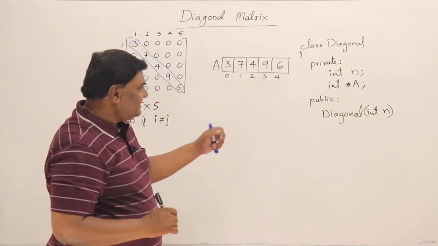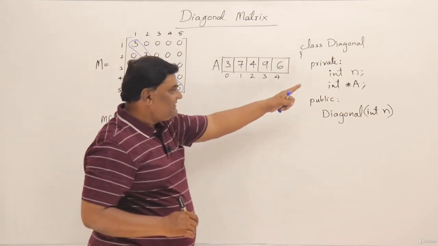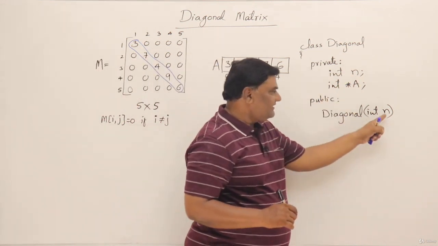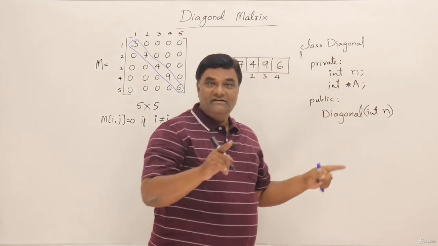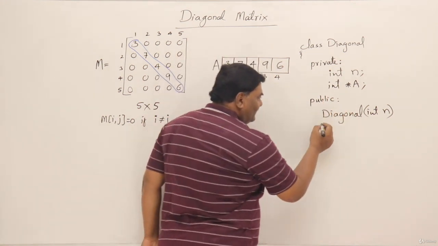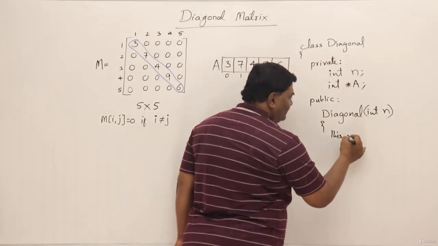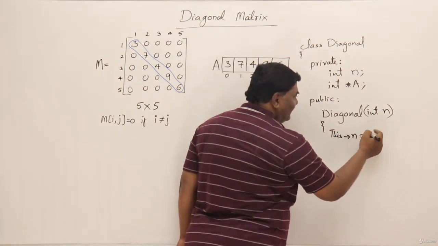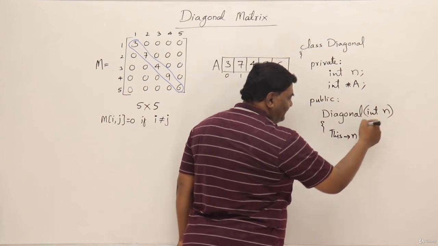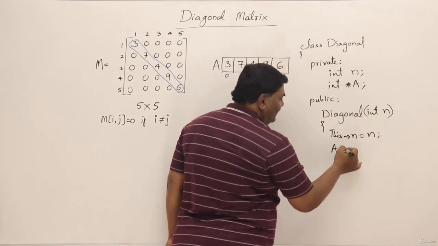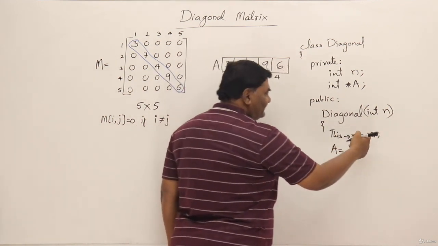Then inside the constructor, I should set this value n and also create an array. So this arrow n is assigned with this parameter, and to this a, I should create an array of the same size.